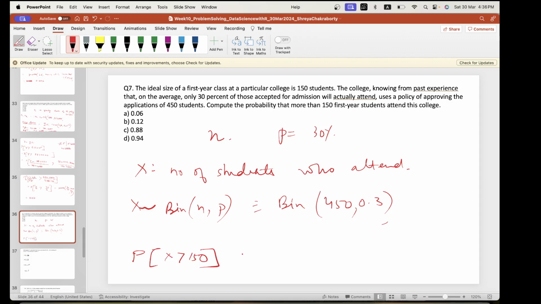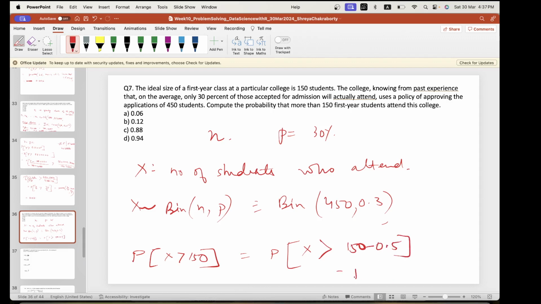Alright, so this one we can write as probability X greater than, we'll apply that continuity correction, 150 minus 0.5.